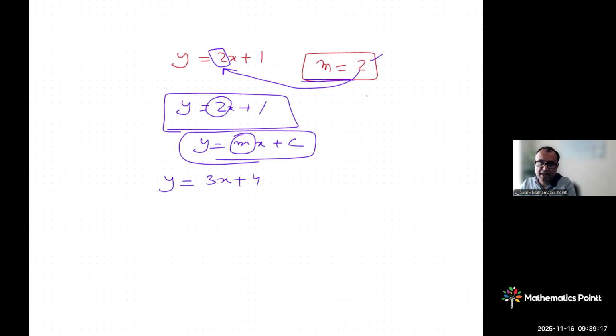Those of you who haven't typed it, I need an answer here. Quick. All right. Good job. Slope is 3. Now, hang on. Stop typing. Another question.